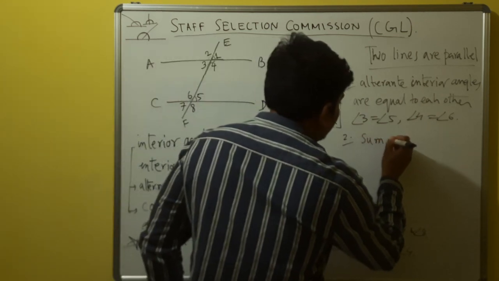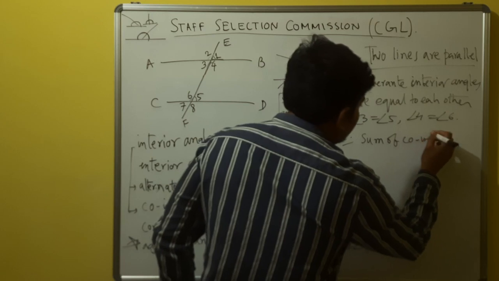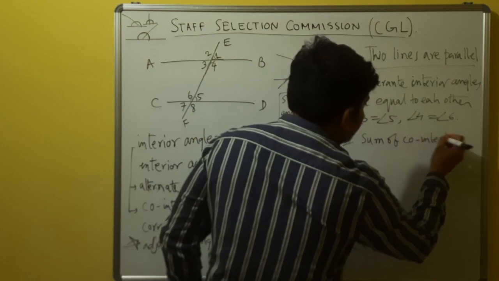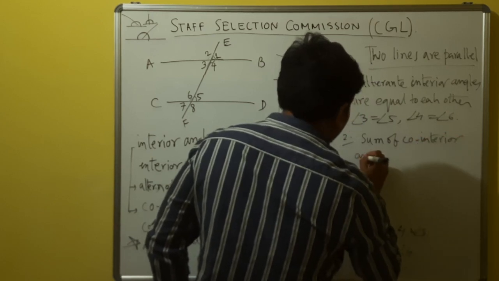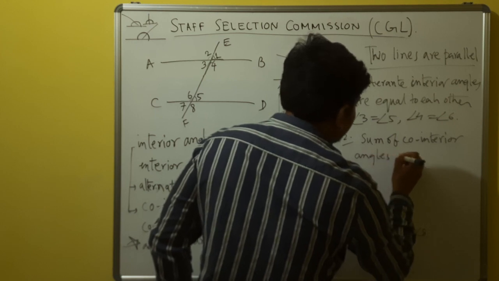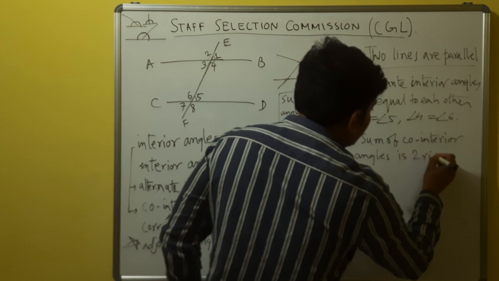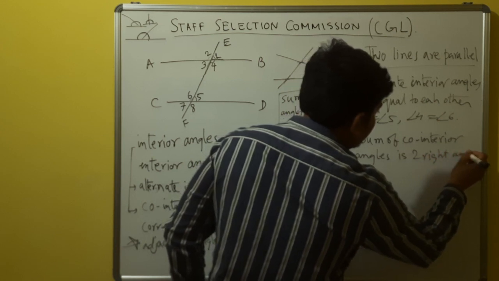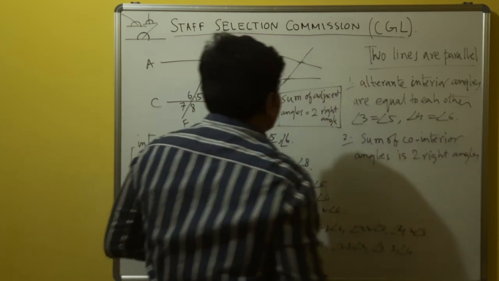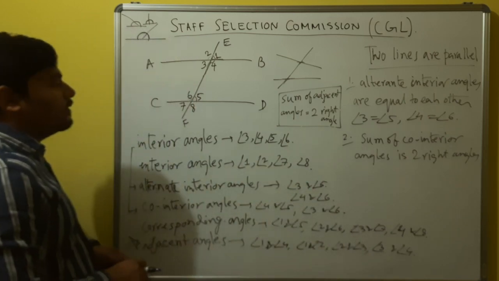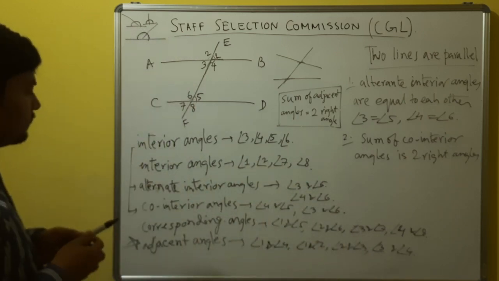The sum of interior angles is 2 right angles. This is the second conclusion we have drawn.